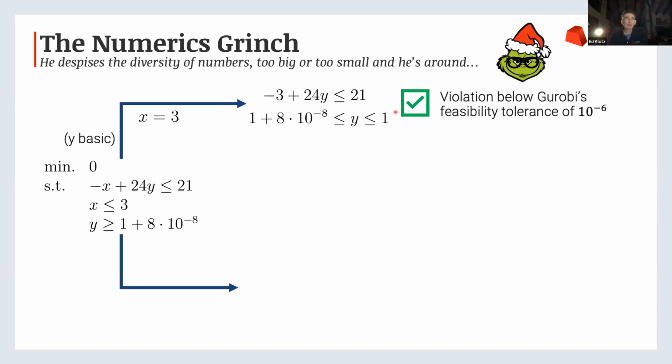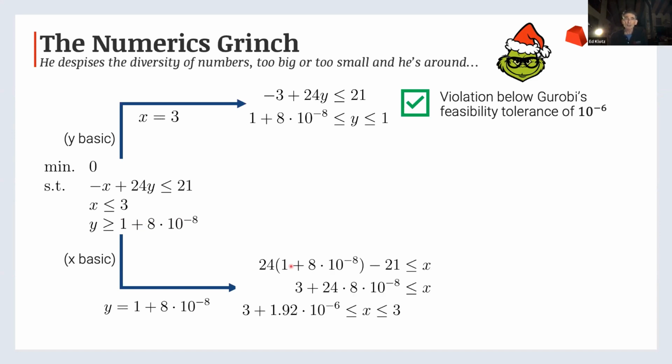Let's now think about the other branch where we say we're going to make x basic. We now make y non-basic by setting it to its only finite bound. And again, we do like we did before. We substitute this bound value of y into the constraint.